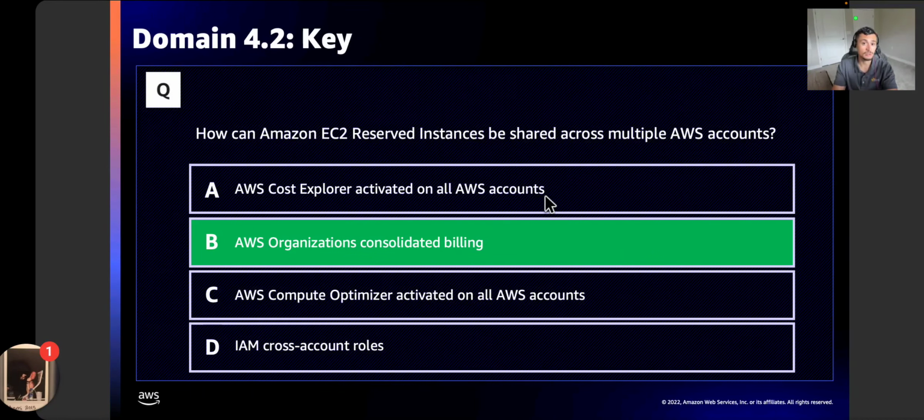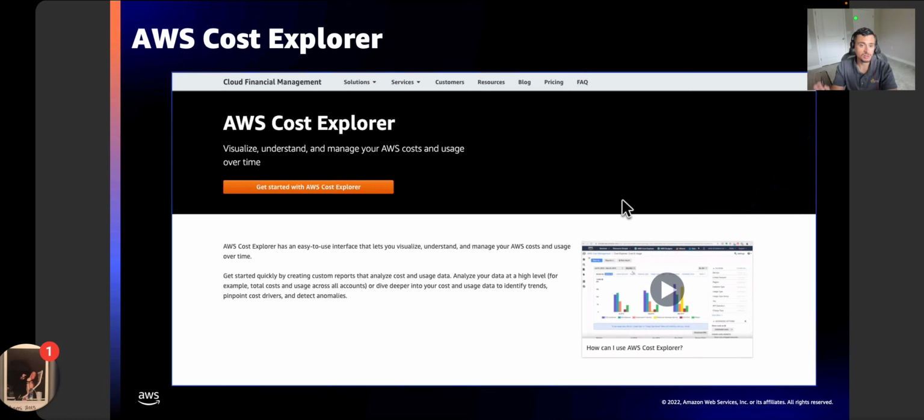And then the last module is around resources available for billing support. Now, one of the primary tools for monitoring your costs in AWS is AWS Cost Explorer. So this is a service that's available to all accounts, and it allows us to easily visualize and manage our costs and usage over time.